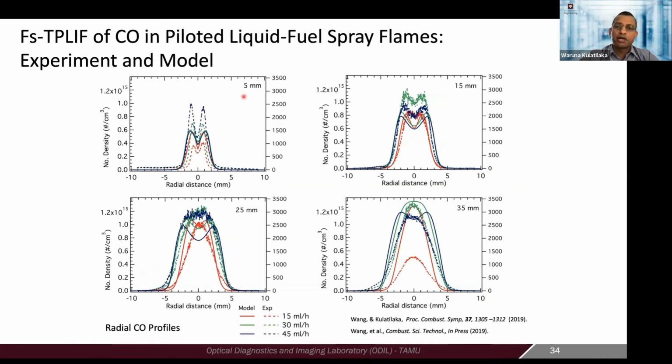So this is radial profiles at a few different heights of the burner, and a few different flow rates of the liquid jet. So again, CO as a function of radius, and then at different heights. So some agreements and some disagreements in some cases. In our publication we discuss some reasons why in some situations there might be disagreements.